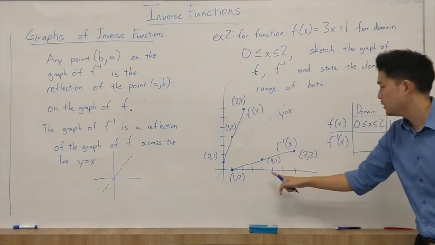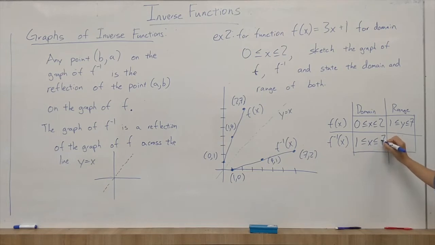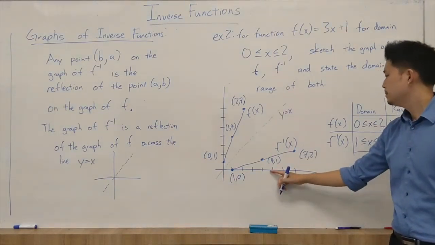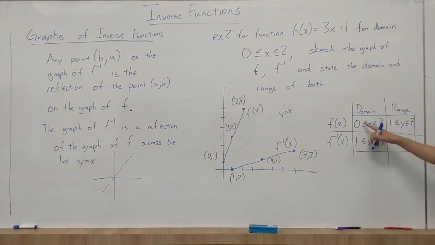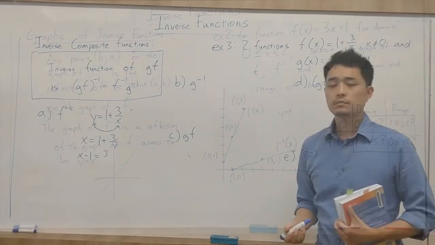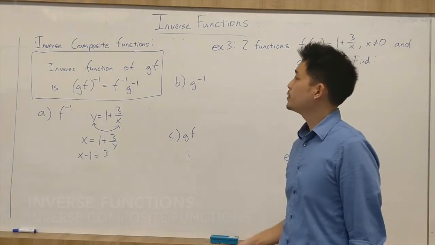It goes from 1 until 7 on the x-axis. And the range goes from 0 until 2, which is the exact opposite of the domain. There we have it.